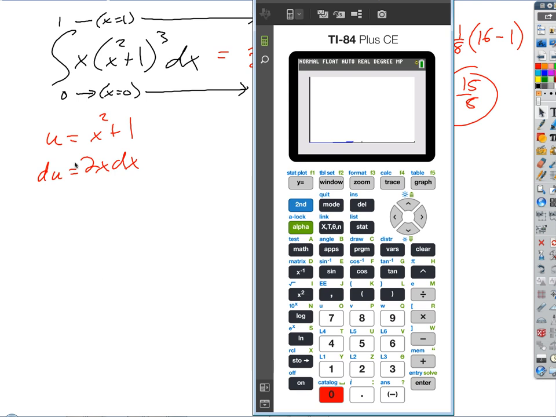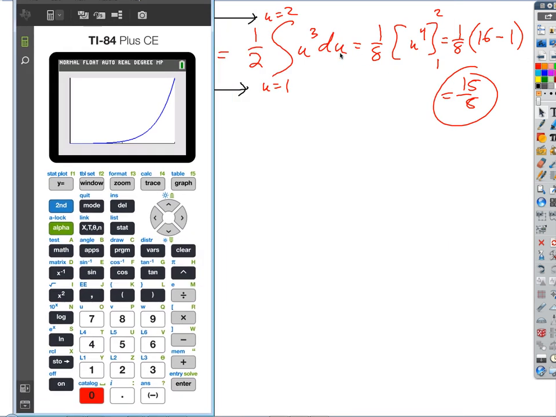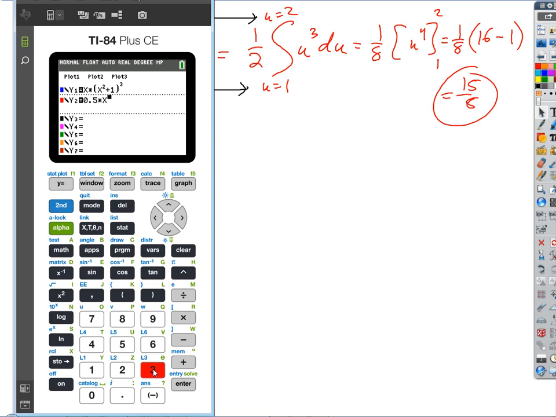Now let's go look at this other one. This other function is just u cubed, right? So now we'll go down here and we'll graph 1/2 x cubed. Okay, and let's graph that.